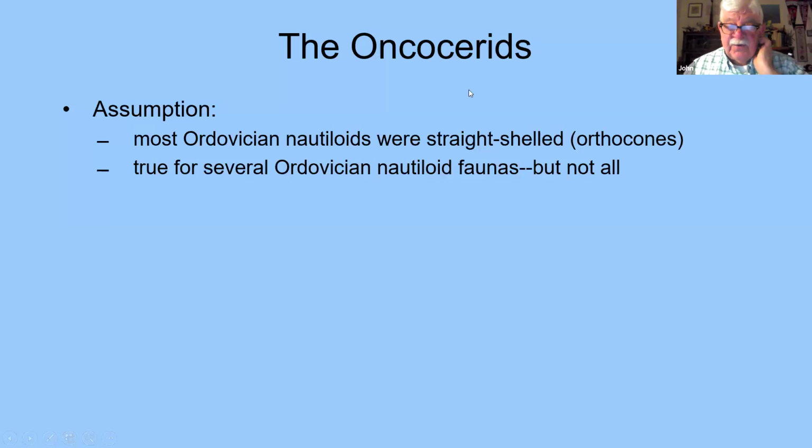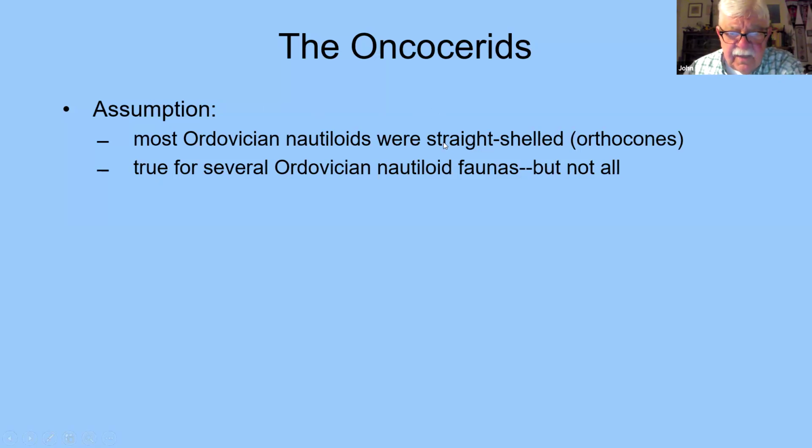Now, the oncocerids. The assumption, and it's a fairly common assumption, is that most Ordovician nautiloids were straight-shelled, what we call orthocones. Well, this is true for several Ordovician nautiloid faunas, but not all.